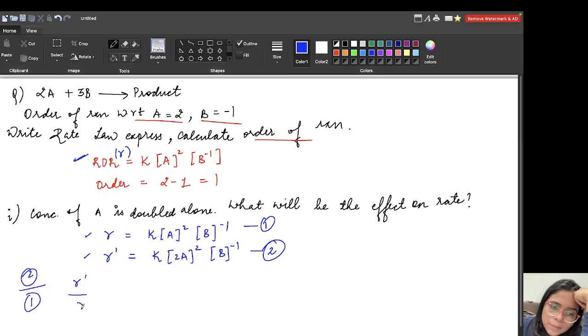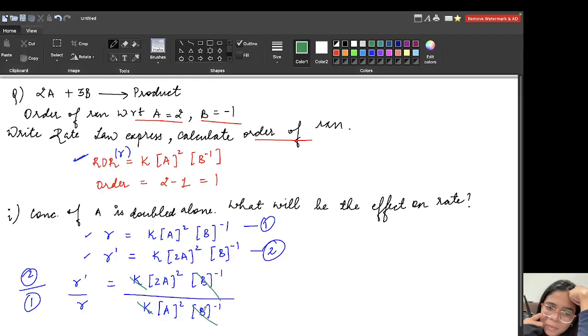So R dash by R equals K, 2A raised to the power 2, B raised to the power minus 1, divided by K, A raised to the power 2, B raised to the power minus 1. What all gets cancelled? K and K get cancelled, B raised to the power minus 1 and B raised to the power minus 1 get cancelled.